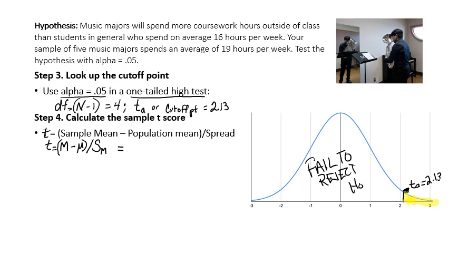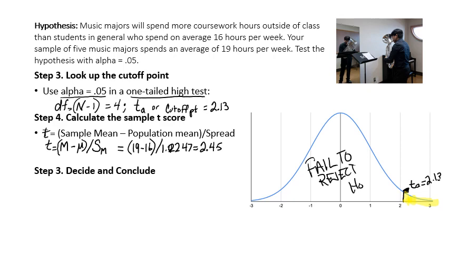When we take this problem, we take our 19 for our sample mean minus the 16 for our population mean, and we divide it by our spread, which was 1.4, and let me get out my answer here, 1.2247, and I won't erase, I'll just write over here 1.2247, and we discover that our t-score is 2.4494, 2.45.